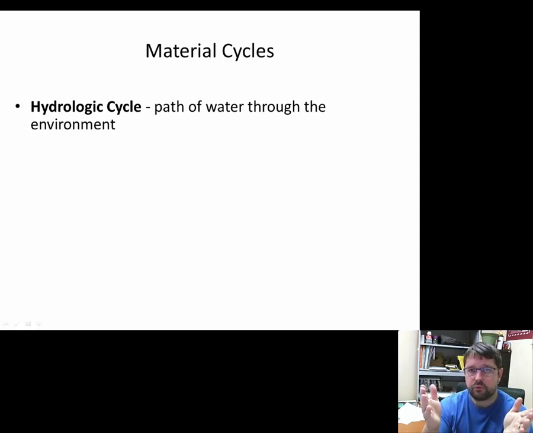And then you could see what role changes in the environment would have on that hydrological cycle. What role would removing water from the cycle play? Do you have plenty of water? Do you have too much water?